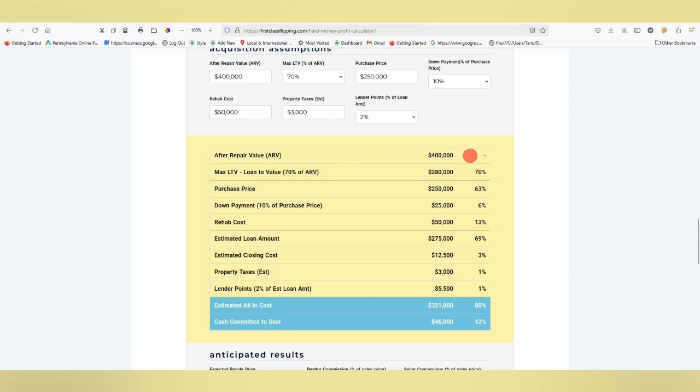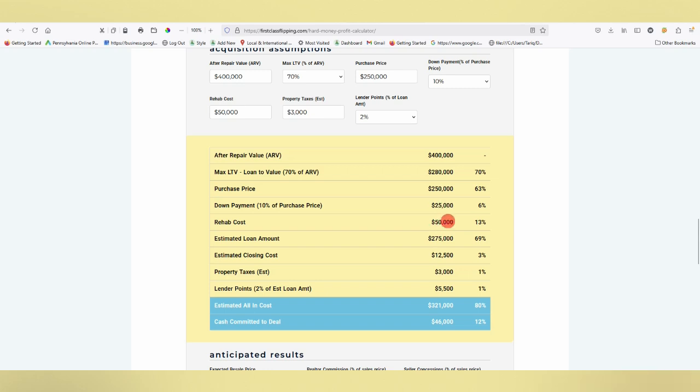Your ARV is 400,000. 70% of 400,000 is 280,000, so that would be the maximum your lender would lend you on this property. But you had a purchase price of 250,000, which is only about 63% of the ARV, and you had to put down 10%, which is 25,000.